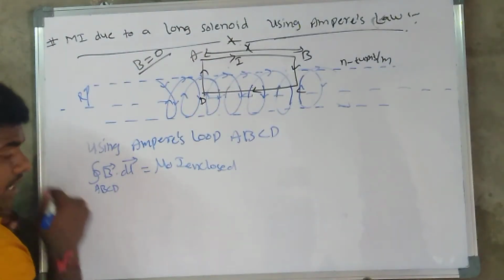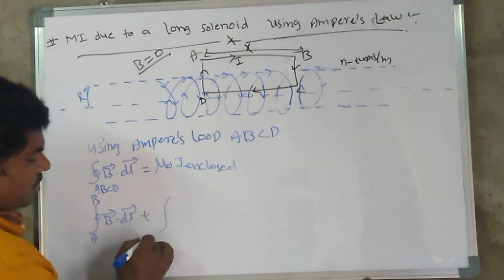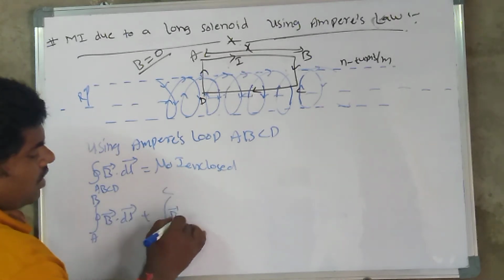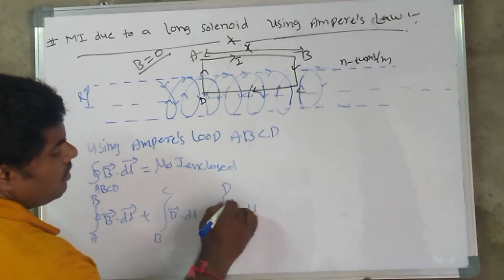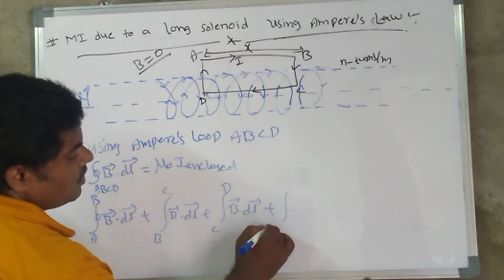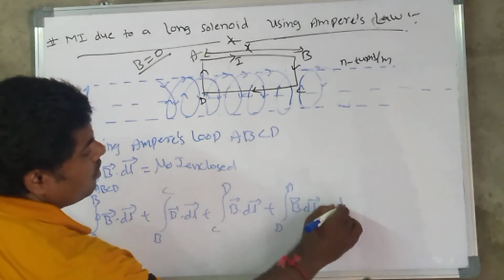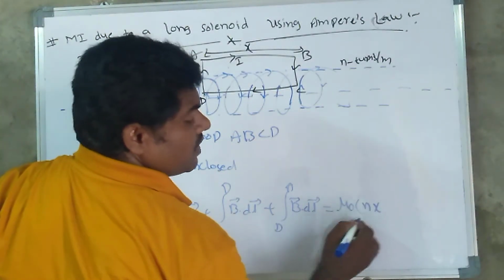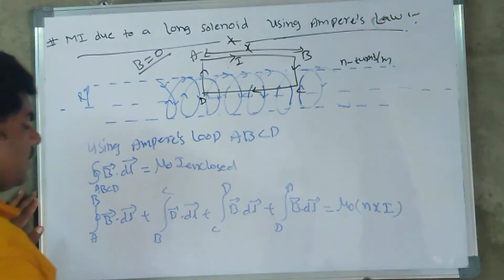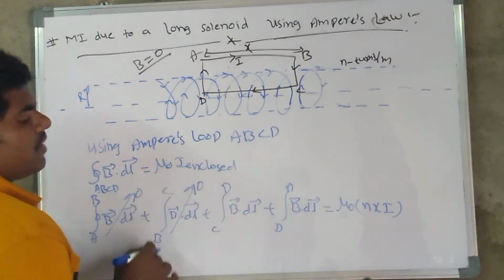That's why the closed integral from A to B of B bar dot dl bar, plus the closed integral from B to C of B bar dot dl bar, plus the closed integral from C to D of B bar dot dl bar, plus the closed integral from D to A of B bar dot dl bar should be equal to mu naught into I enclosed, which here is n number of turns into x width into current I. This value becomes 0 because of the outside, this value also becomes 0 because of the outside, and this value also becomes 0 because of the outside.